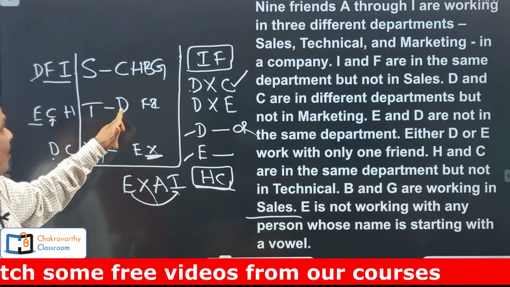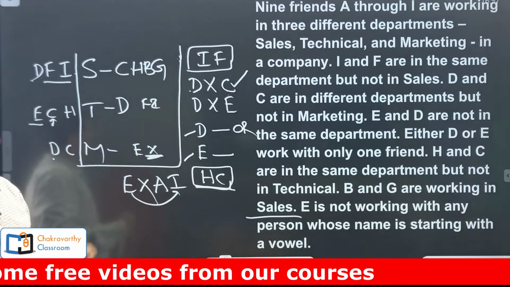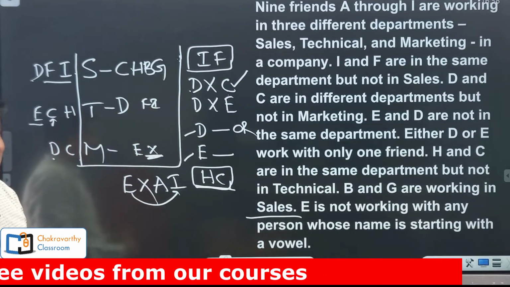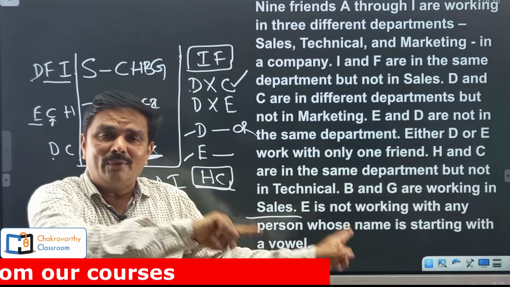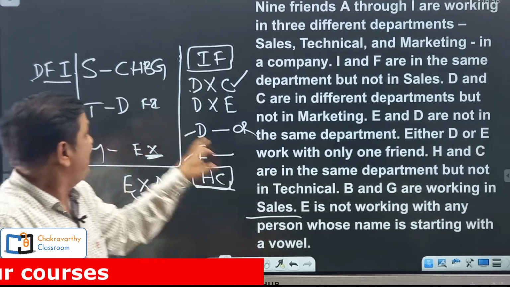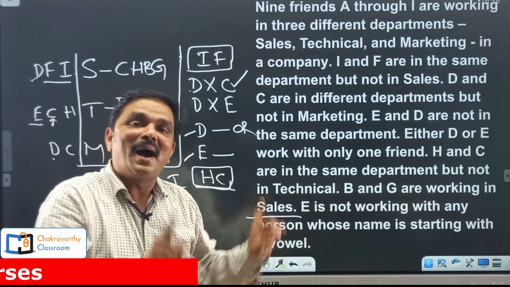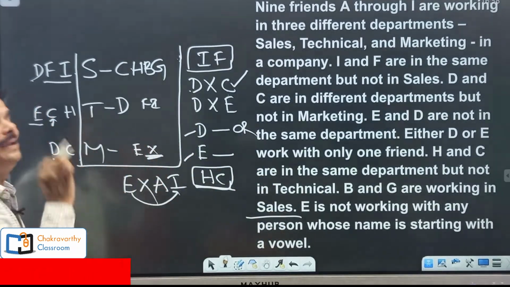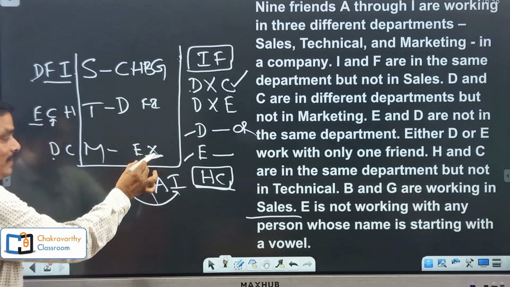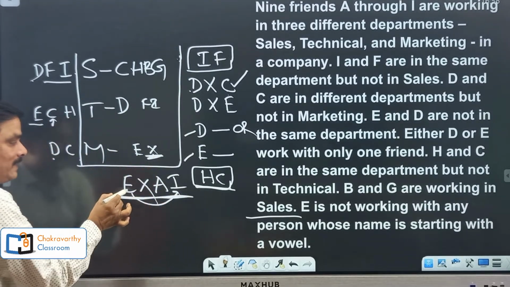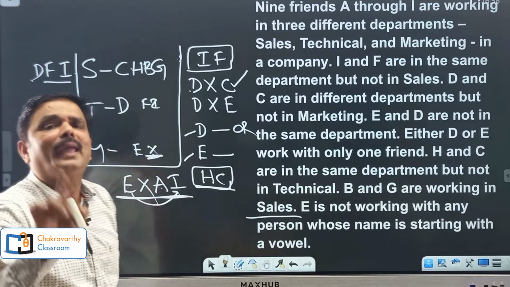Now D is already working with F and I. When D is working with F and I, E must work with one person. Now left out person is A. If I keep F and I here, I must keep A here. There is no other way. But keeping A here is restricted because E cannot work with A.